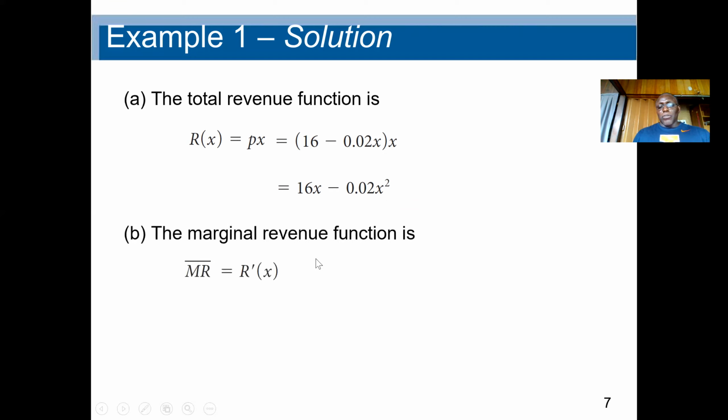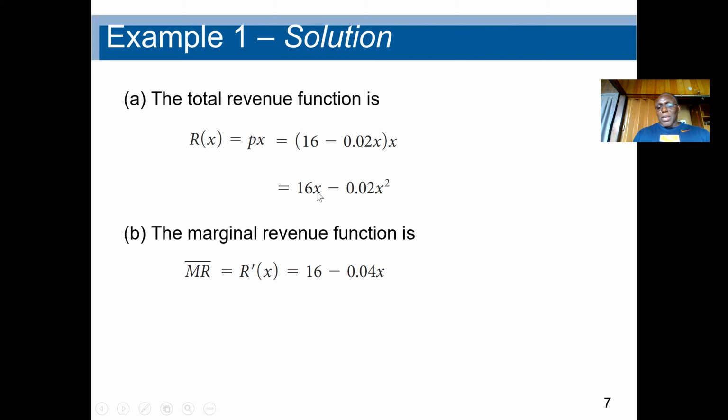In B, they say we should find the marginal revenue function, which will be, again, the derivative of the function, in this case the derivative of the revenue function. This will give us 16 minus 0.04x. We know the rules already. I have 16x, so x raised to the power 1. 1 times 16 is 16. 1 minus 1 is 0.